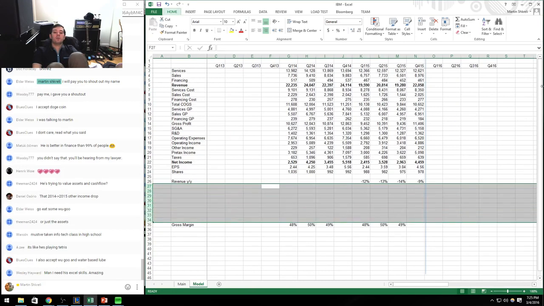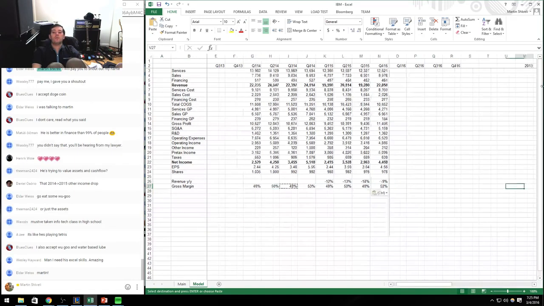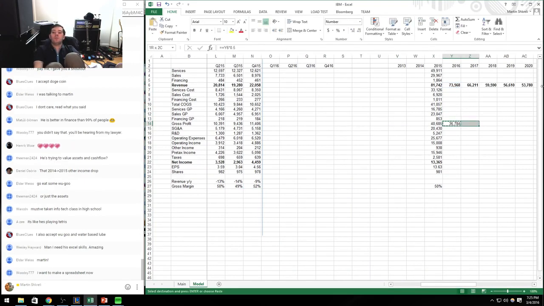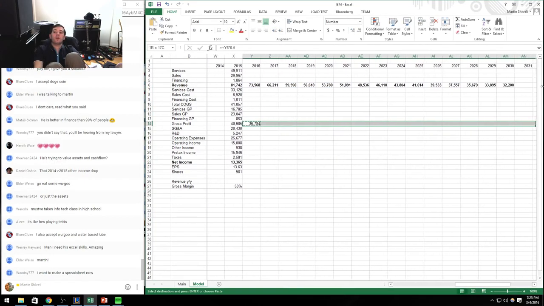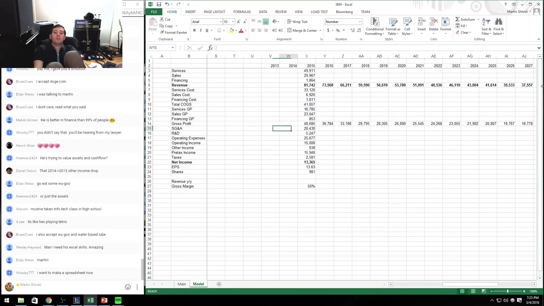How about gross margin? You can see it's been 50% since as far back as we can look, right? So let's assume it'll stay at 50%. Gross profit times 0.5. Even though margins should go down as revenue goes down, typically. Well, let's assume that for now.